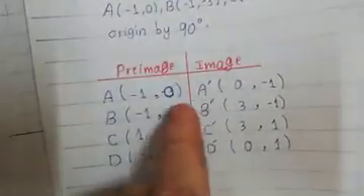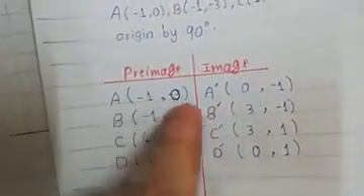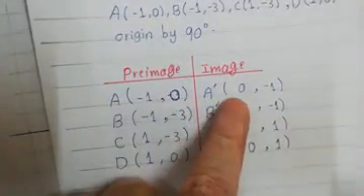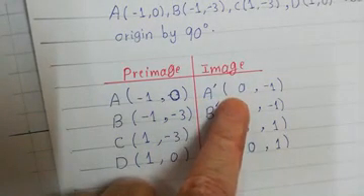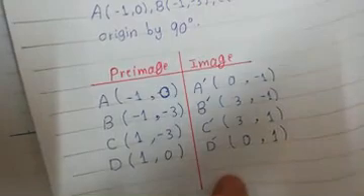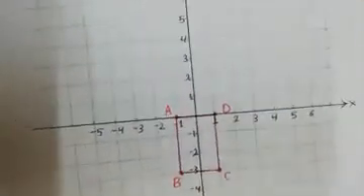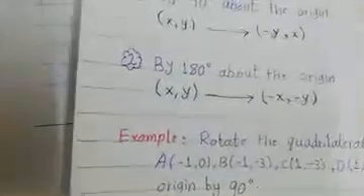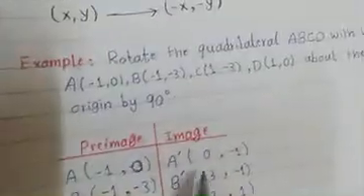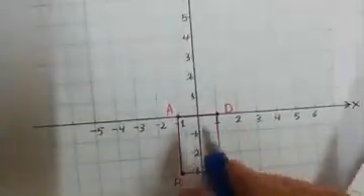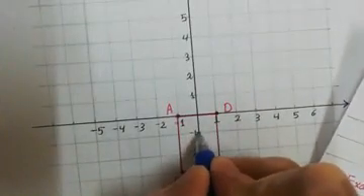So the first image, for the vertex A prime, will be 0 with negative 1. This is A prime.